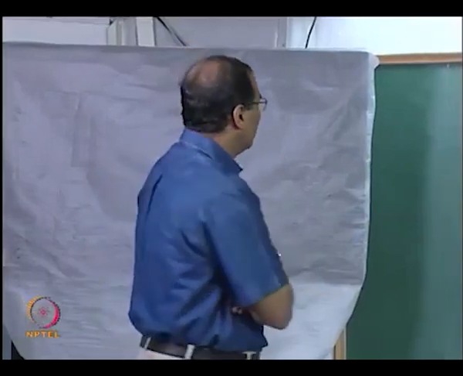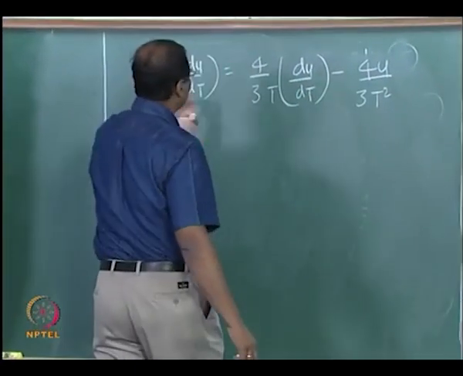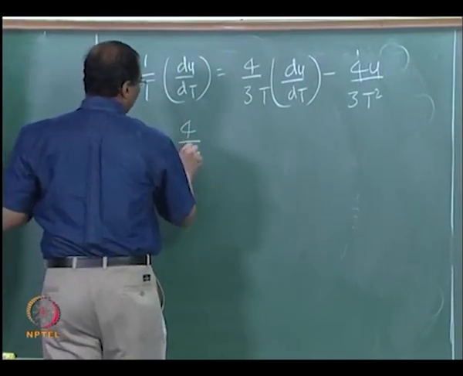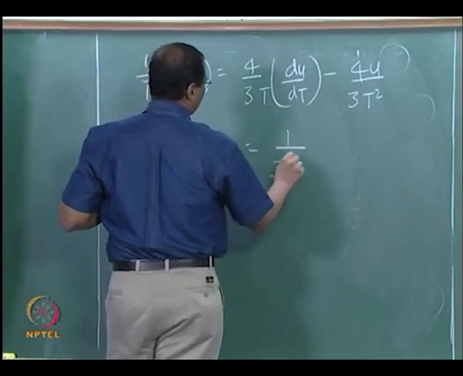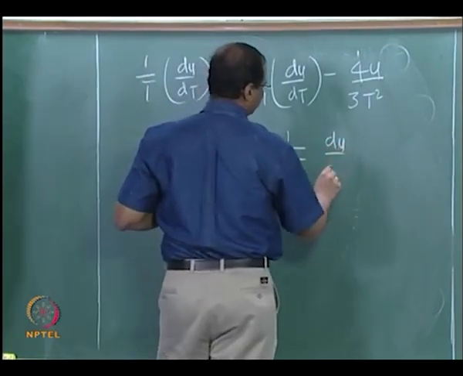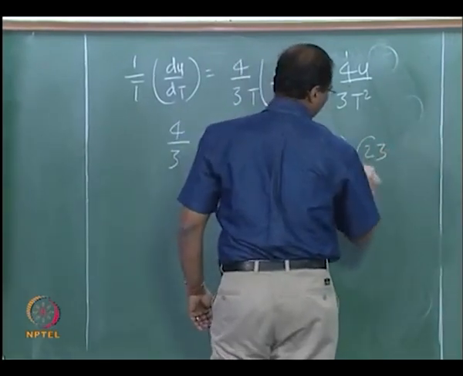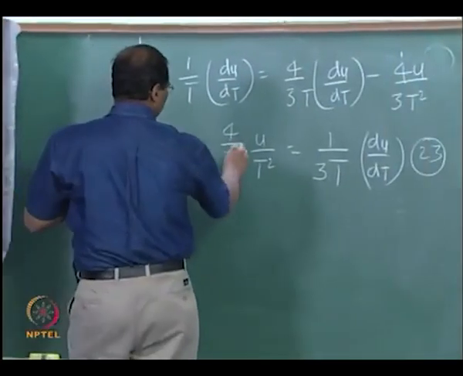Fine, okay. Now are there similar terms? This fellow can be brought to this side and this fellow can be brought to this side, therefore 4 by 3 goes.